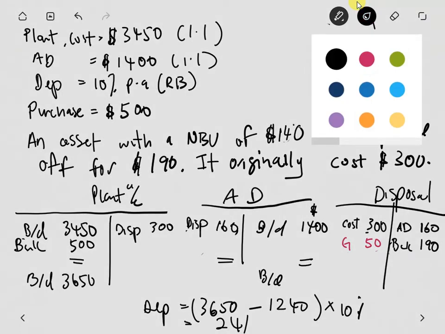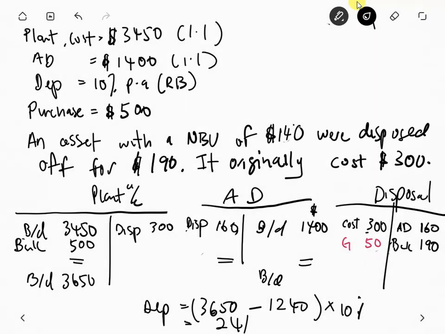Purchase also done, recorded. Now left with depreciation. Depreciation is on reducing balance. So cost less accumulated. What is my balance of my cost? 39 minus 3. Carry down, brought down. 3650. Less accumulated. 14 minus 16. 1240.